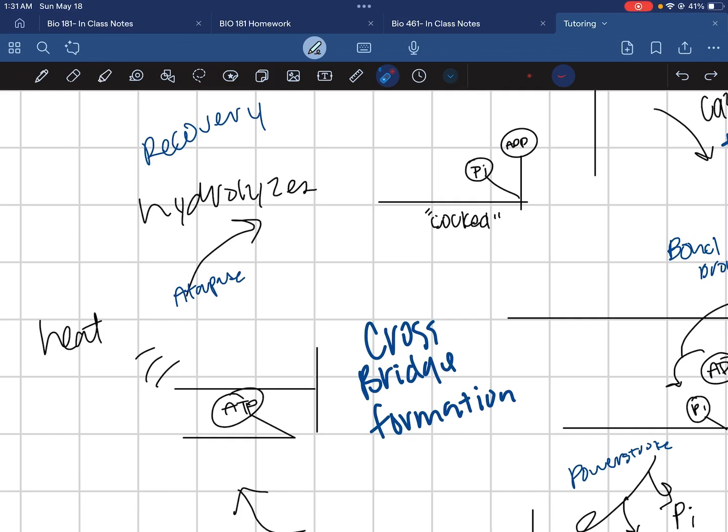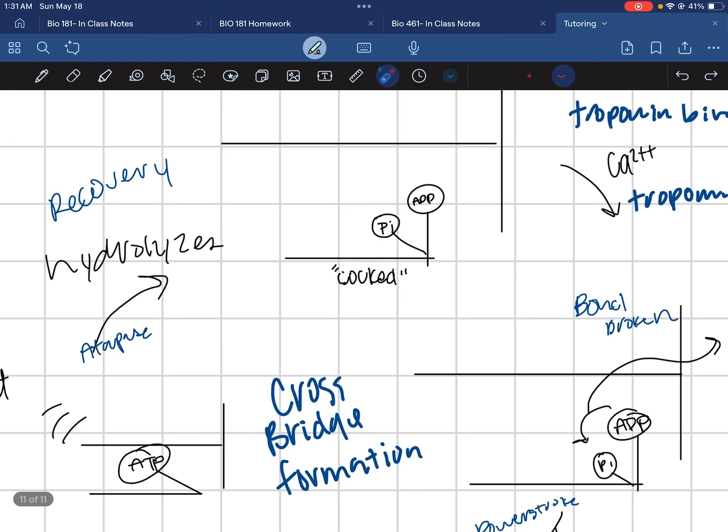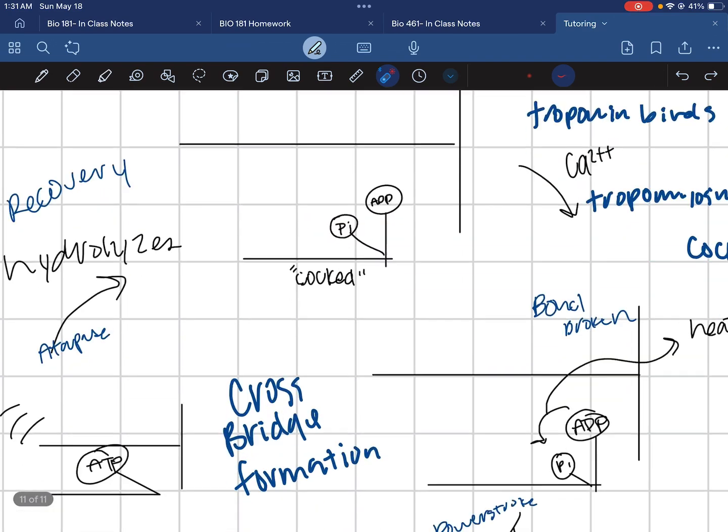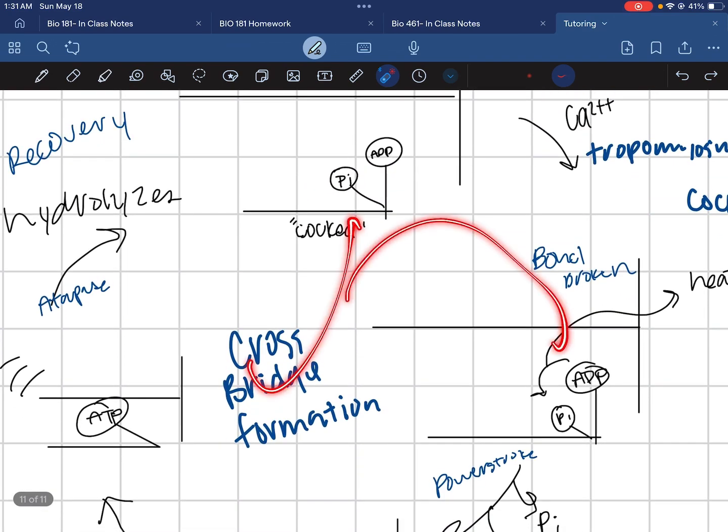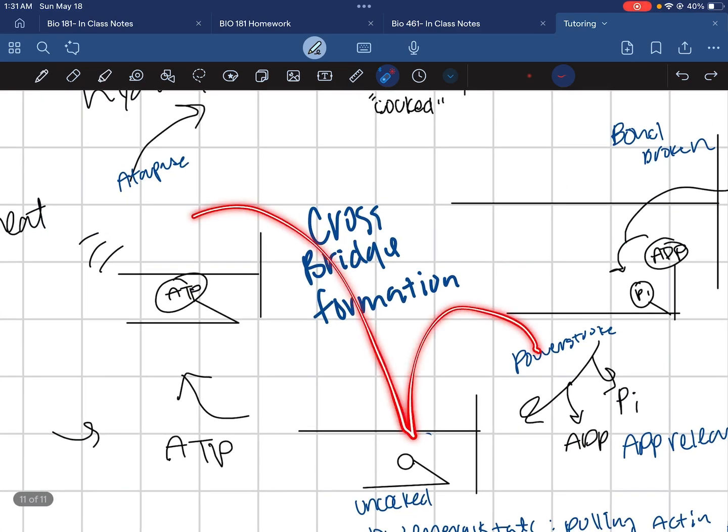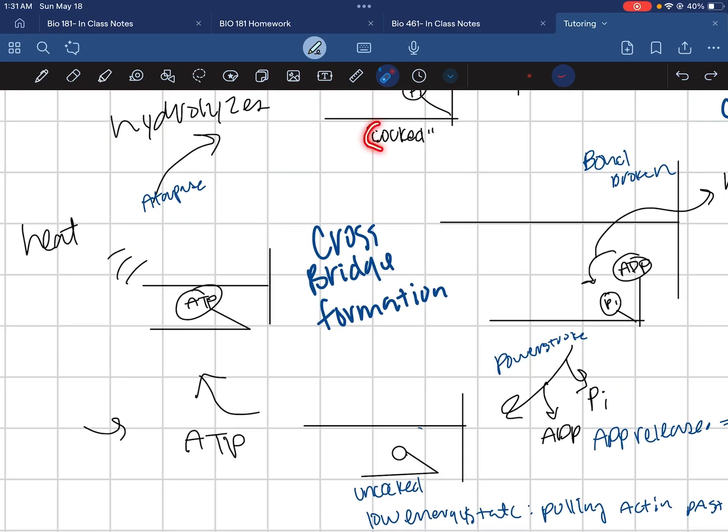ATPase hydrolyzes ATP into the inorganic phosphate and the ADP, which causes it to become recocked and prepares it for the next power stroke. So it goes cross bridge formation, power stroke, release, recover.